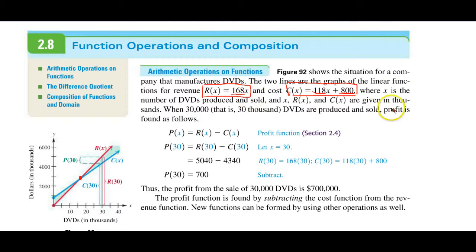And they're asking us to look at profit, which we looked at before. Your profit function is your revenue function minus your cost function. And we're producing 30,000, and we're going to knock off these last 3 zeros and just use the 30 part.